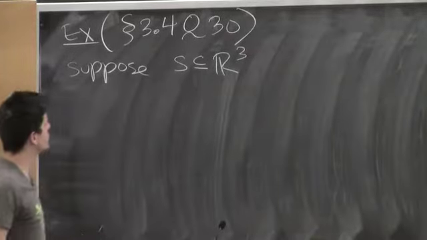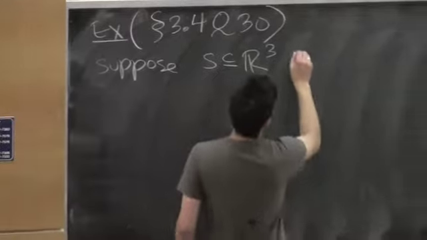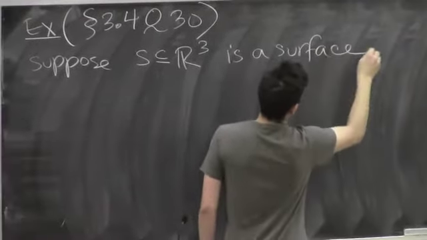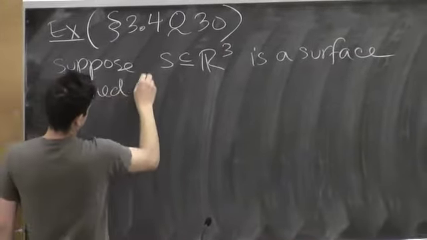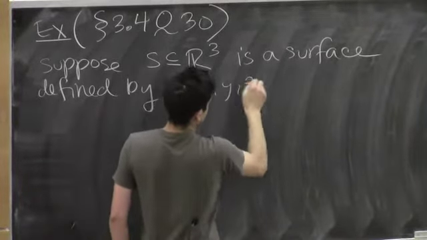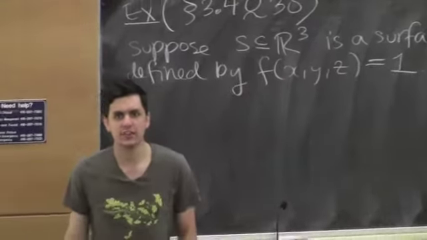Suppose we've got a subset of R3, which is a surface S defined as the level set of a function.